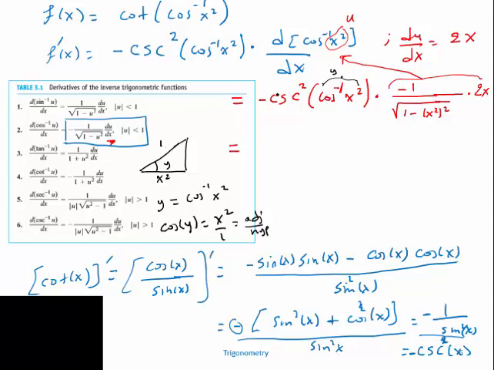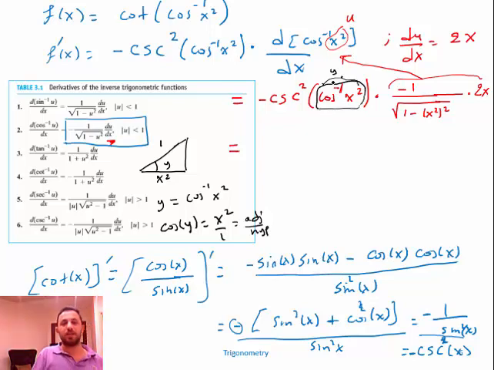Now I want to obtain the cosecant of y. So I replaced this cosine inverse of x square by y. What is the cosecant of y? Cosecant is the reciprocal, 1 over sine, and the sine is the opposite over hypotenuse. Then the cosecant is the hypotenuse over the opposite. So I need to obtain the opposite, which by Pythagoras theorem is radical 1 squared minus x squared squared, which is radical 1 minus x power 4.